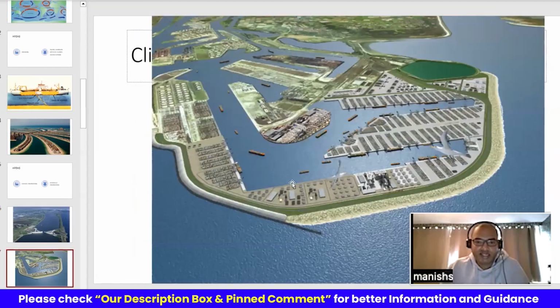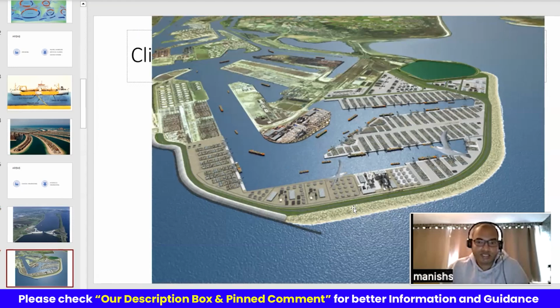This next slide is Maasvlakte in Rotterdam. This is where the Maas River connects to the sea. This entire harbor has been built by creating breakwaters. This breakwater and all this structure has been artificially created.